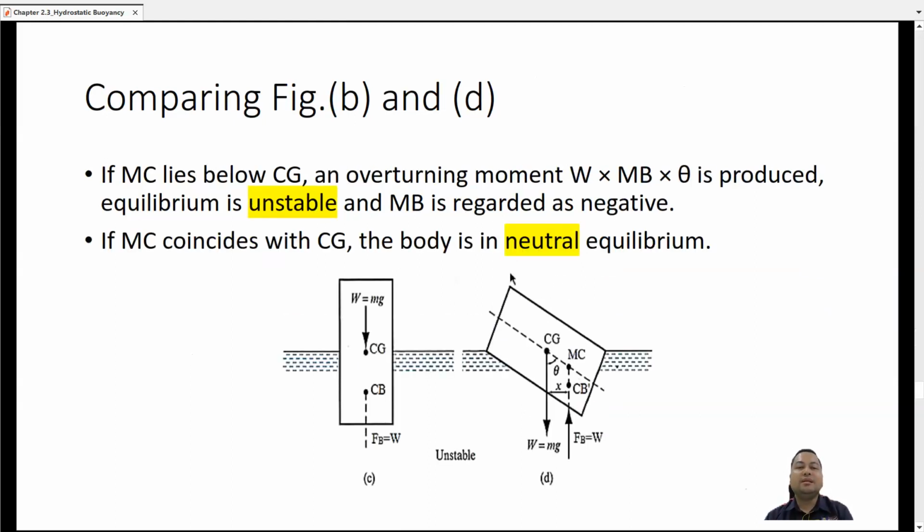However, if MC lies below the CG, an overturning moment is produced, equilibrium becomes unstable, and MB is regarded as negative. For the case of D, if MC coincides with CG, then the body is in neutral equilibrium.